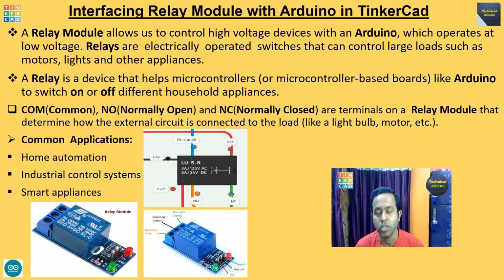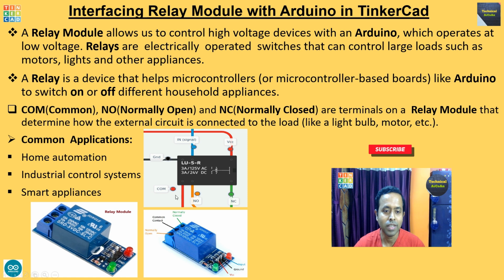One is COM, which is known as the common terminal, another is NO, which is the normally open terminal, and another is NC, which is the normally closed terminal. These are terminals on a relay module that determine how the external circuit is connected to the load, like a light bulb or motor. Common applications using relay modules are home automation, industrial control systems and smart appliances.